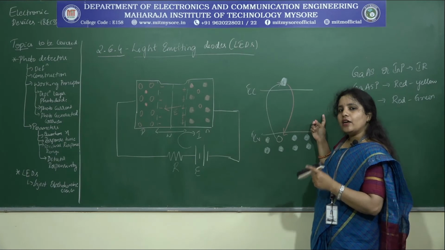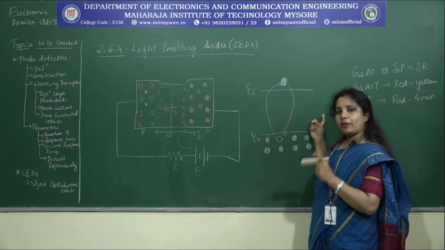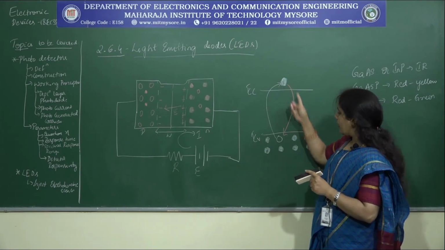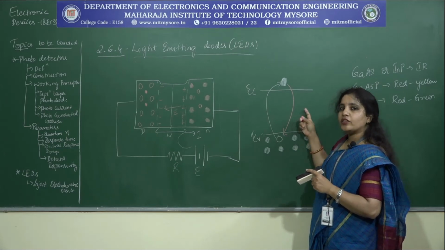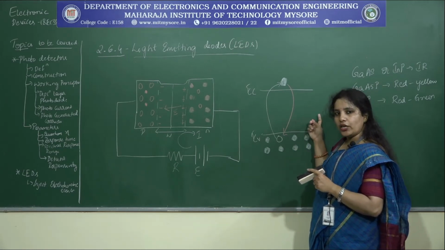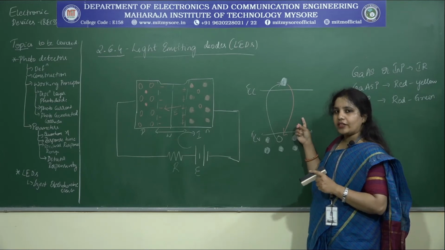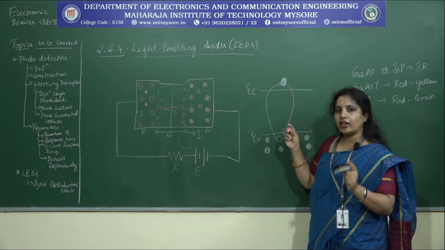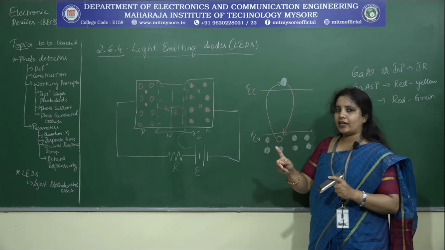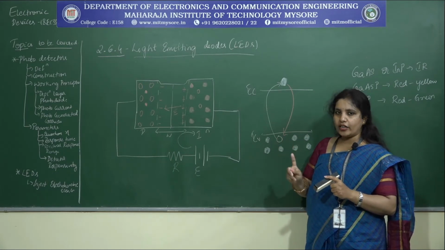Whereas, when I consider a direct band gap semiconductor, when this recombination happens, it will certainly output some energy, and that will be in the form of light, which we have already discussed. In indirect, it will be in the form of heat, whereas in the direct band gap, it will be in the form of photon energy.